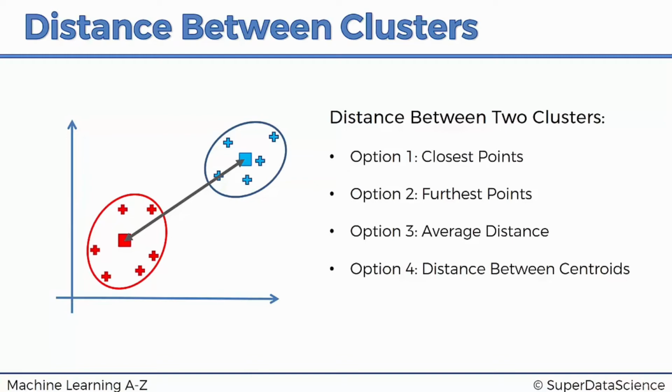It's just something to remember, to note, and based on your particular situation, whether it's a business problem or other type of data science problem, based on what exactly you think is the best approach, you're going to need to define that in your algorithm. So just keep that in mind, that for the hierarchical clustering algorithm, the distance between clusters is a crucial element, and you need to remember what exactly you're setting it to be, how you're defining it in your approach.